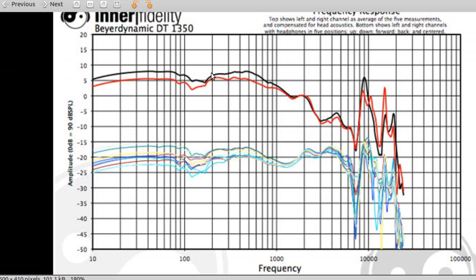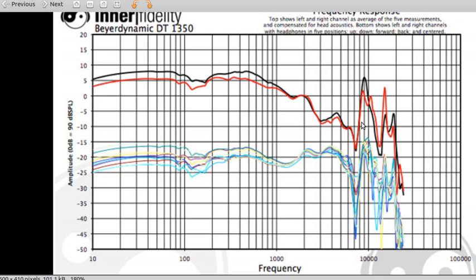So many listeners will feel the lack of bass. It's actually a little bit lacking in mid bass, 100 to 200 Hz, and the rest of the curve is quite good. It has a slight smooth slope from 1 kilohertz until 7 kilohertz.